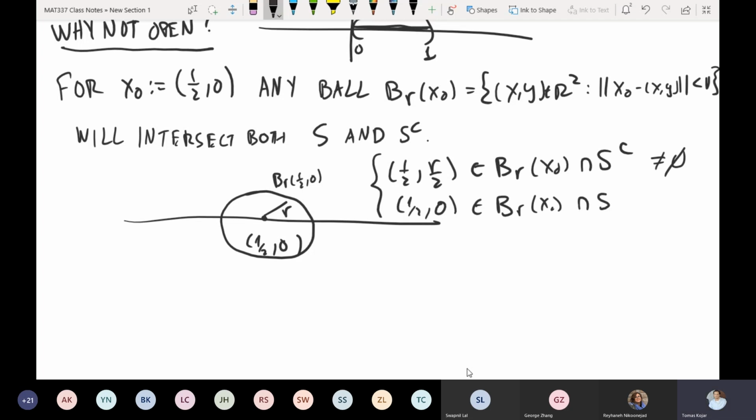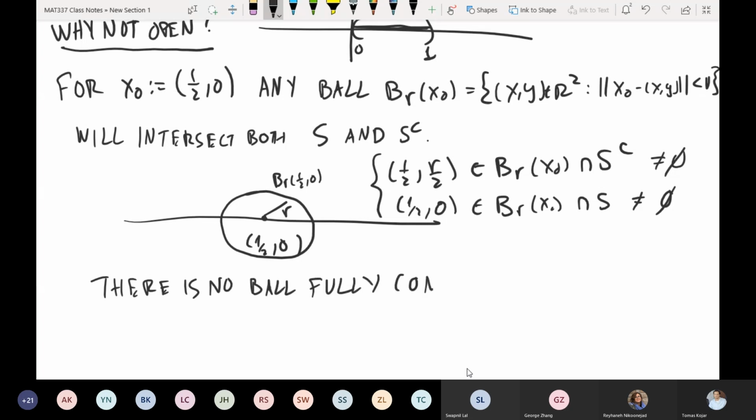So there is no ball fully contained in S.